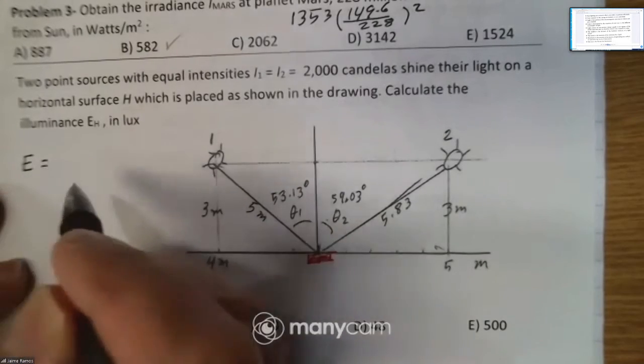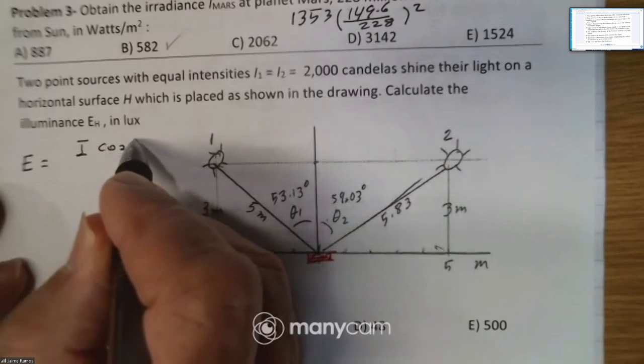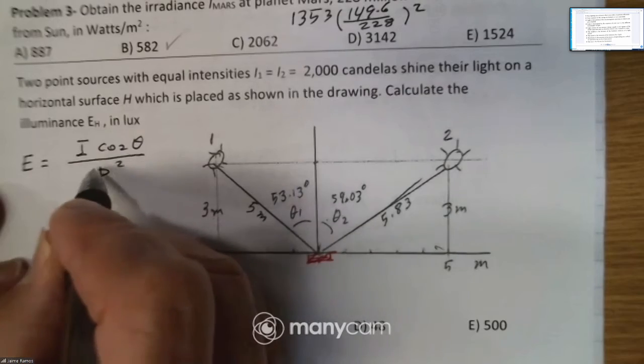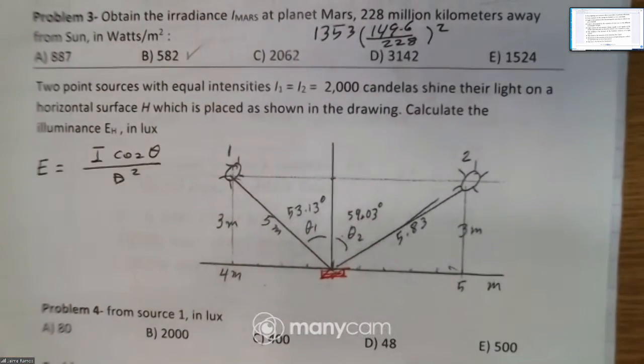E is going to be I cosine theta over d squared.